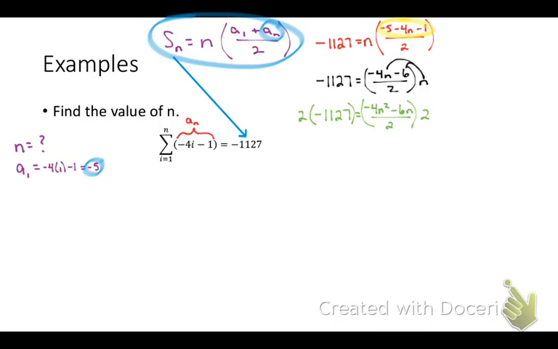Because this is really over 1, since I only multiply the top with the top and the bottom with the bottom, whenever I multiply that right side, I'm going to have negative 2,254 on the left side. And I'm going to have negative 4n squared minus 6n.